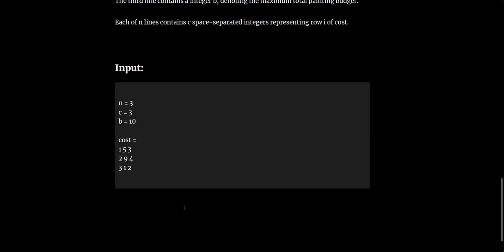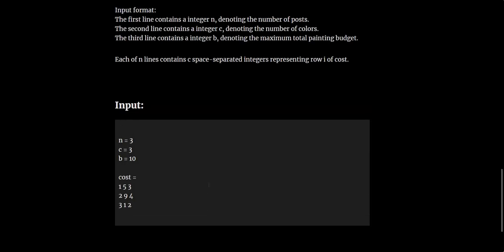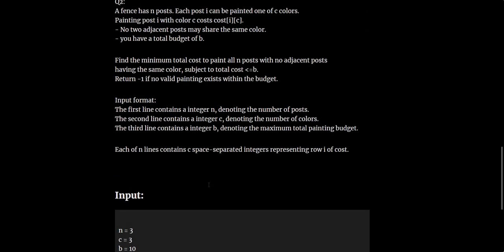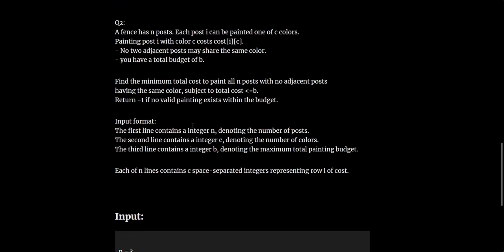So make sure you check for the valid posts and then you are supposed to return. And also the other thing is that, as mentioned, it should not exceed the budget B. So this is the coding question, and you just need to find the minimum total cost which is needed to paint all the posts. Suppose if it is exceeding the budget, you have to return -1.